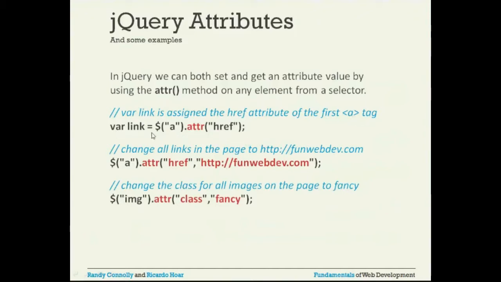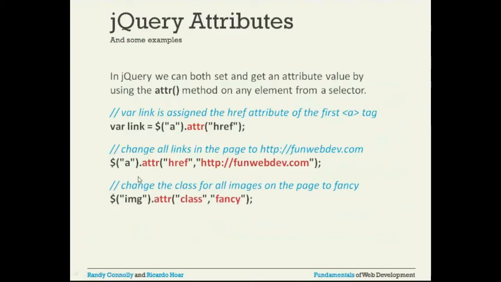So var link is equal to, this is the jQuery shortcut notation, dollar, and this will get the first link and dot attr href. So it is going to get that value, whatever href has been specified, that will be fetched and stored in this link.